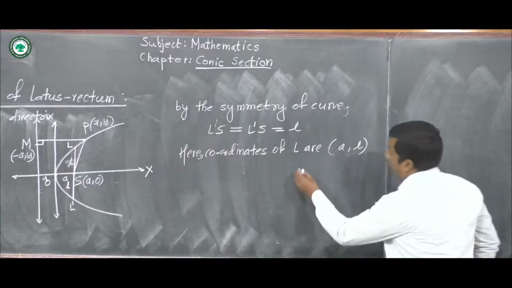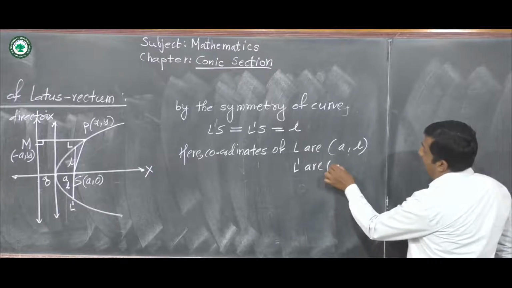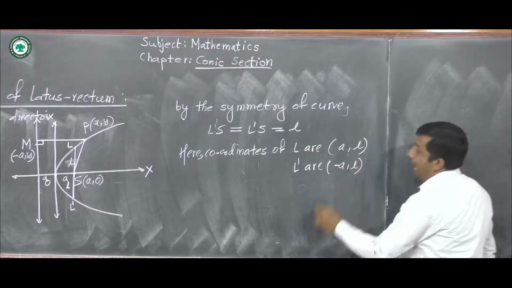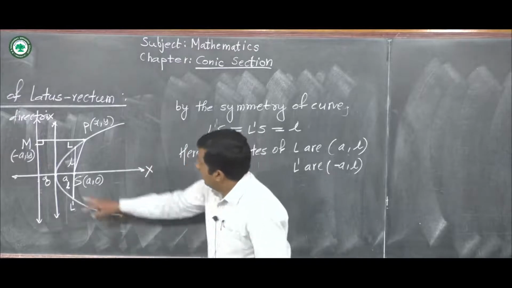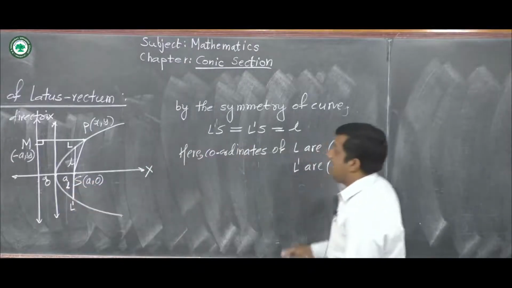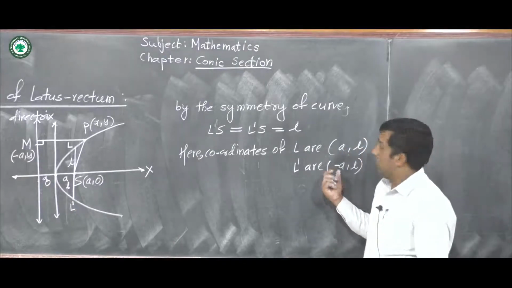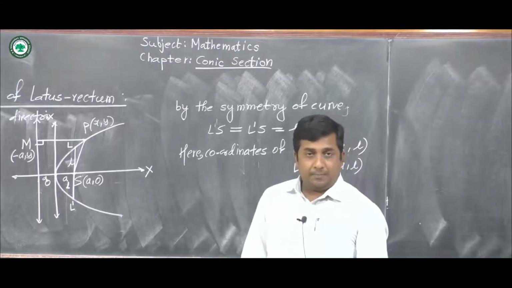And the coordinates of L dash are (-a, l), that is, this distance is minus a, so (-a, l). So these are the end points of the latus rectum.